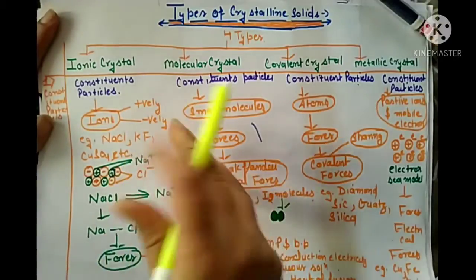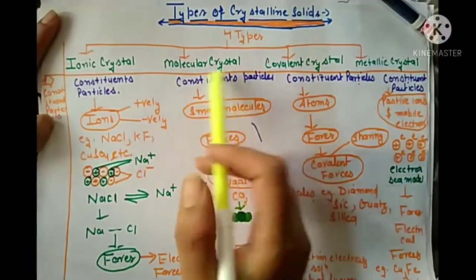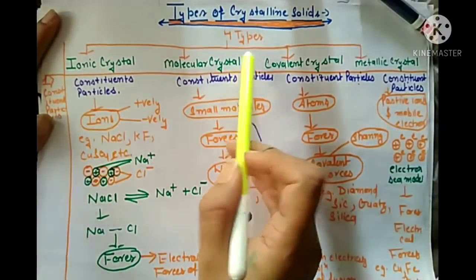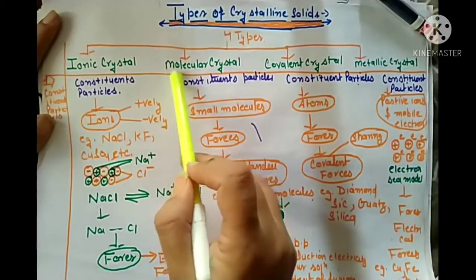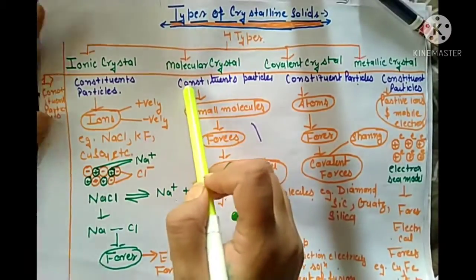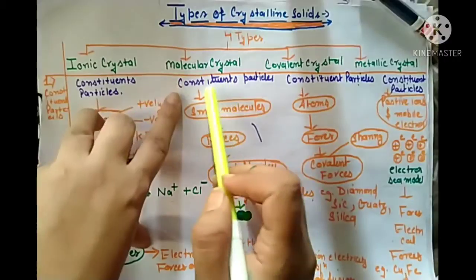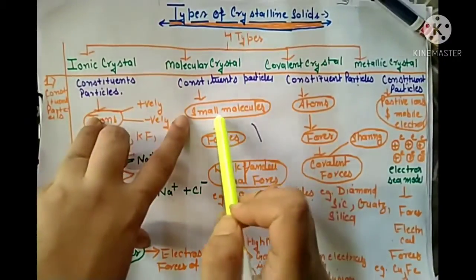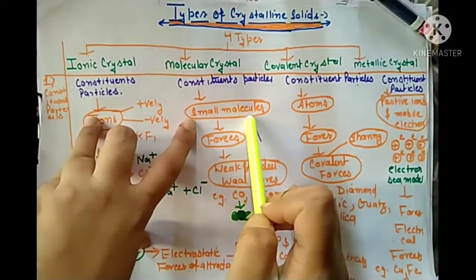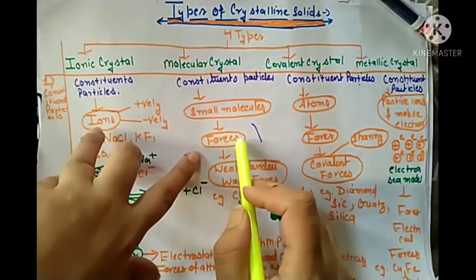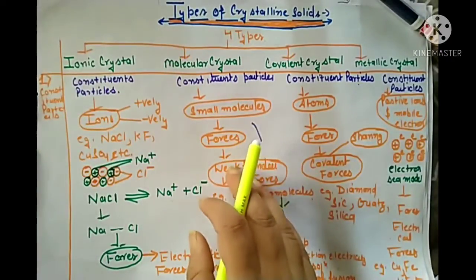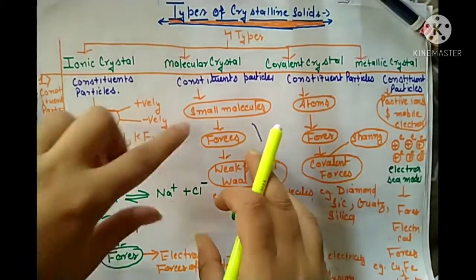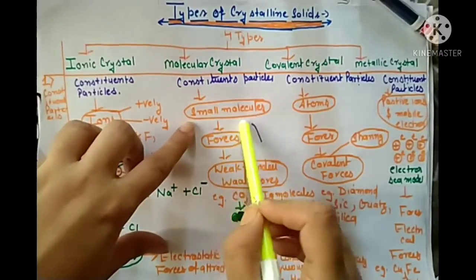Okay. So next we will discuss the molecular crystal. As the name suggests, molecules. In case of molecular crystal, constituent particles are small molecules, and in these an induced charge is formed because they are small molecules.